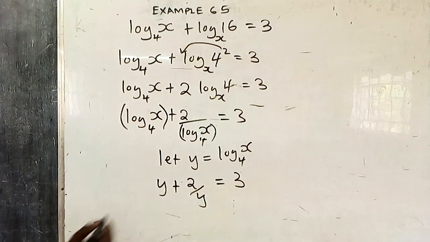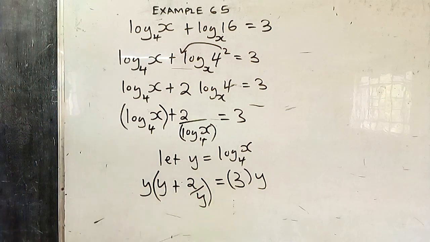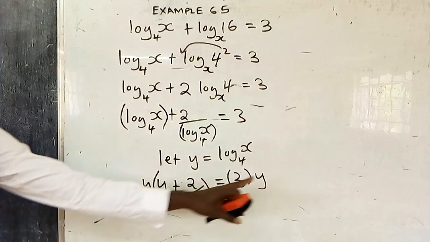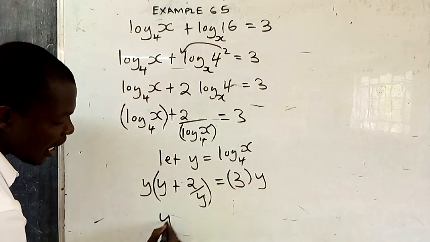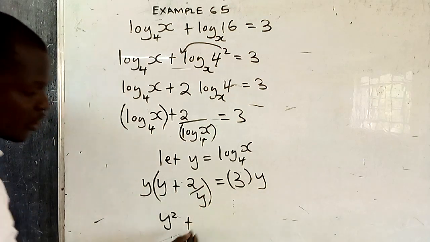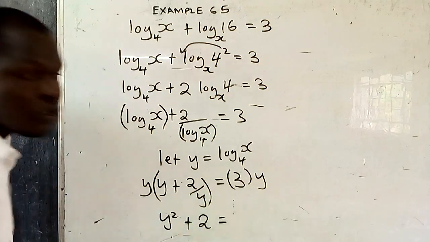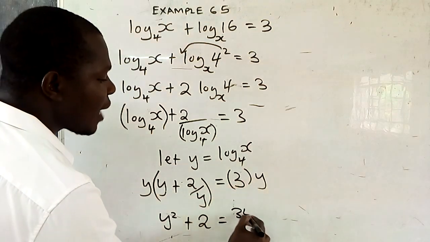So what do you do? You multiply both sides by y to get rid of the y in the denominator. So if you multiply both sides by y to get rid of y in the denominator, what do you get? Y times y, you have y squared, plus y cancels with this y, isn't it? You get 2 equal to 3 times y, you get 3y.